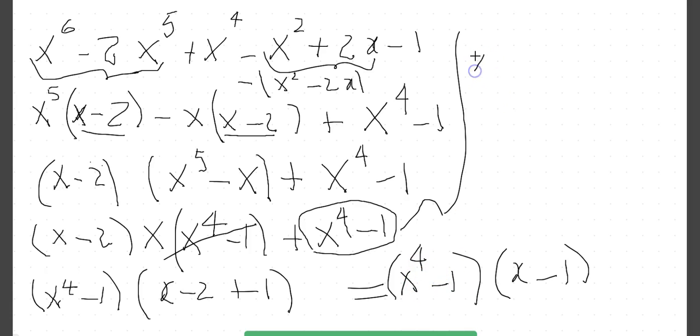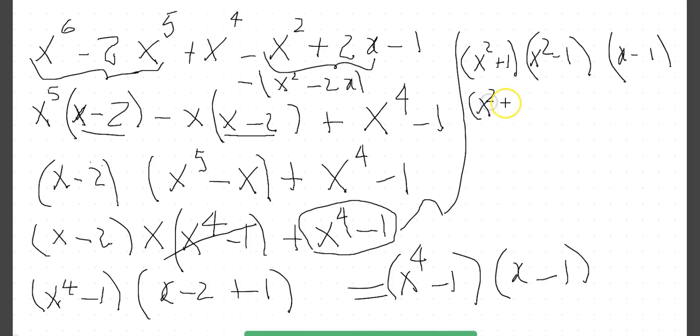So it's gonna be x plus 1 times x squared minus 1, and then x minus 1, and to finish it should be x squared plus 1, and then x minus 1, x minus 1, and finally x minus 1. That's my final result, because the idea is to do a factorization.